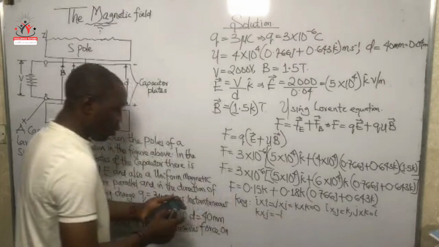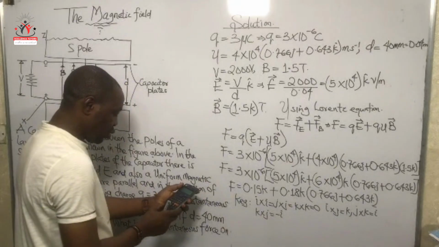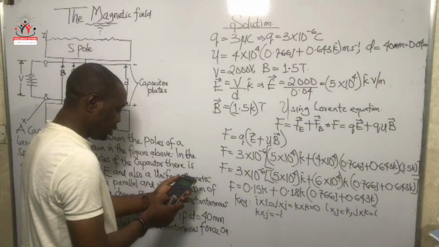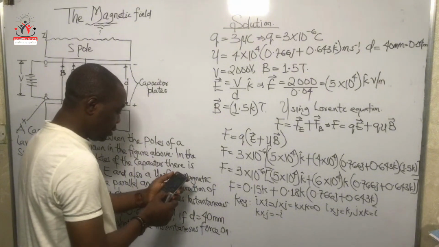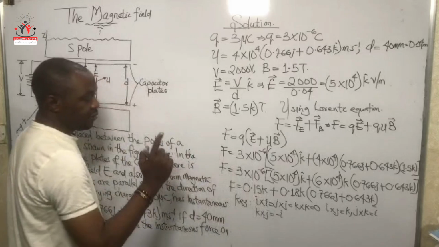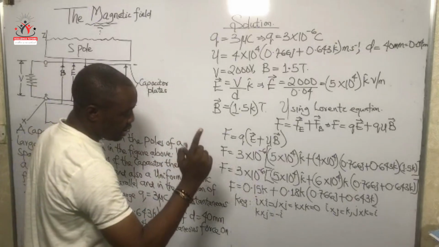So when we multiply 0.18K by 0.766J, we have negative 0.18 multiplied by 0.766, which is 0.138, so negative 0.138I.